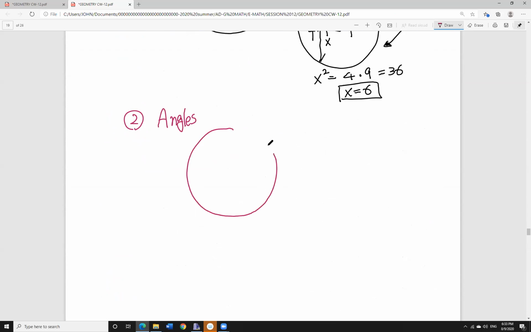Oh, red color. Okay. So we have this, A, B, C, D. Oh, these 2 chords create what? An intersecting angle. This we said is the intersecting angle.